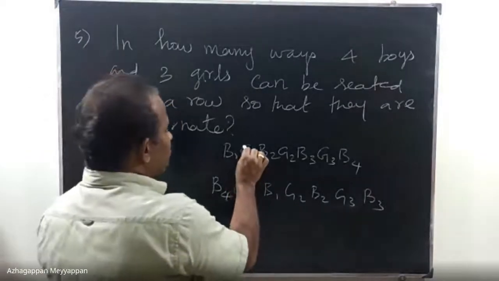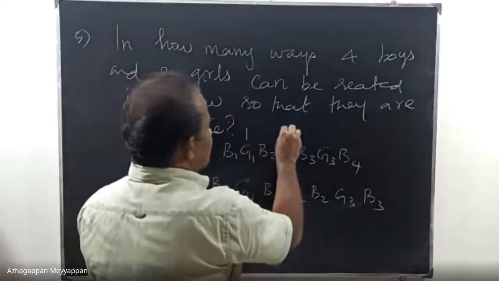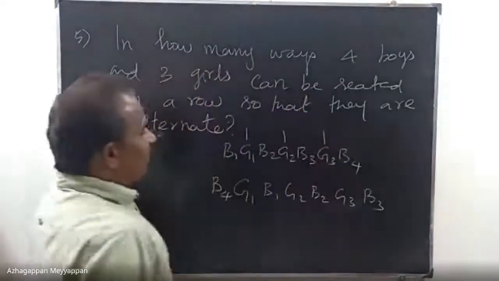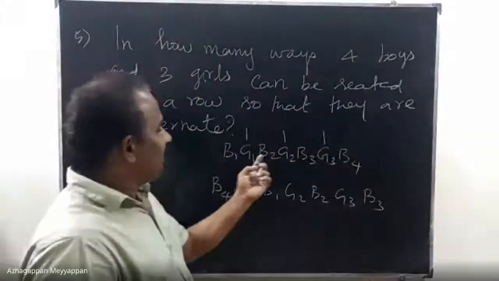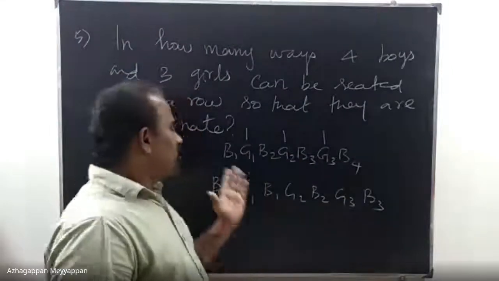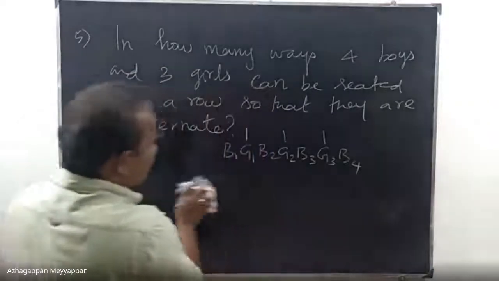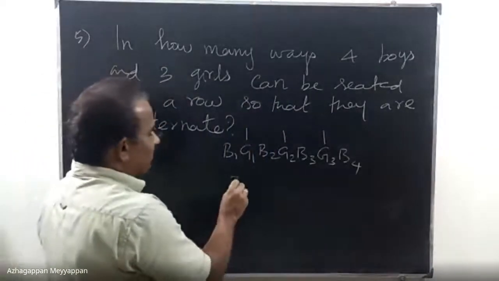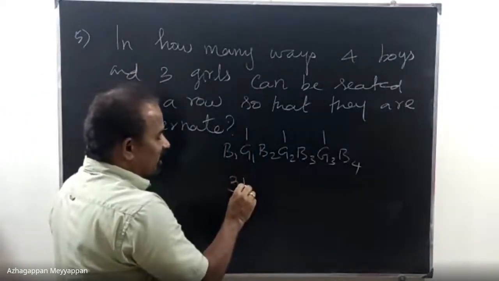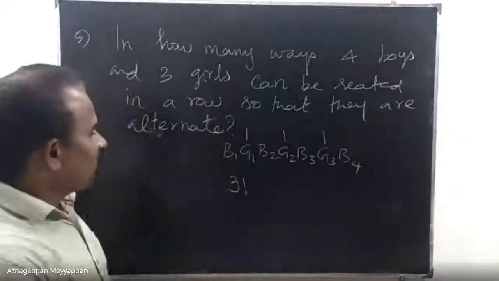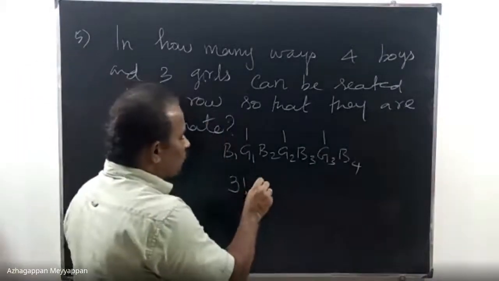So therefore, the girls definitely will be sitting in the three places. Boys definitely will be sitting in the four places. So therefore, the number of ways the girls are sitting is 3 factorial ways. The boys are sitting in 4 factorial ways.